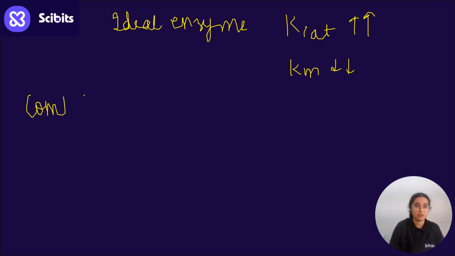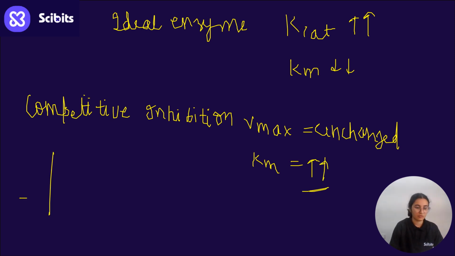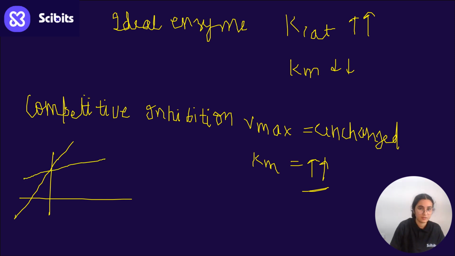Now there is also inhibition, right? In competitive inhibition, the Vmax remains unchanged, but the Km value increases. So this is a sort of graph that looks like a Lineweaver plot. This is straight, right? No inhibitor.